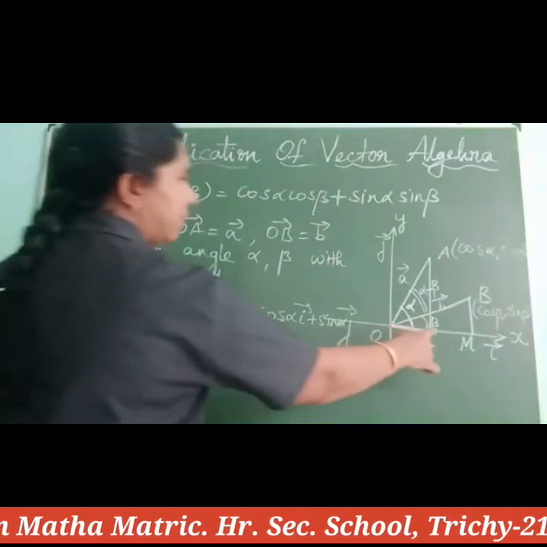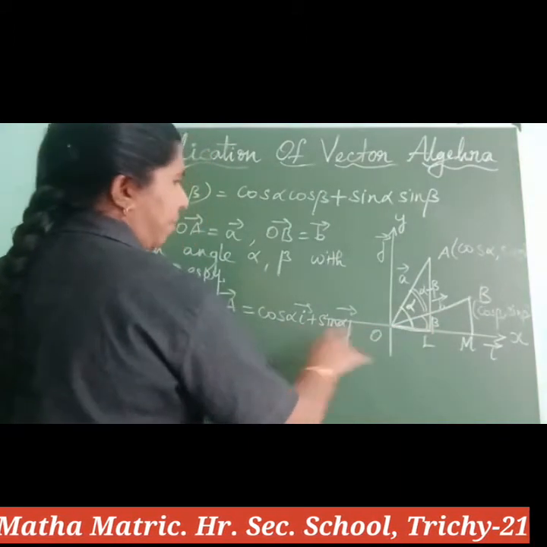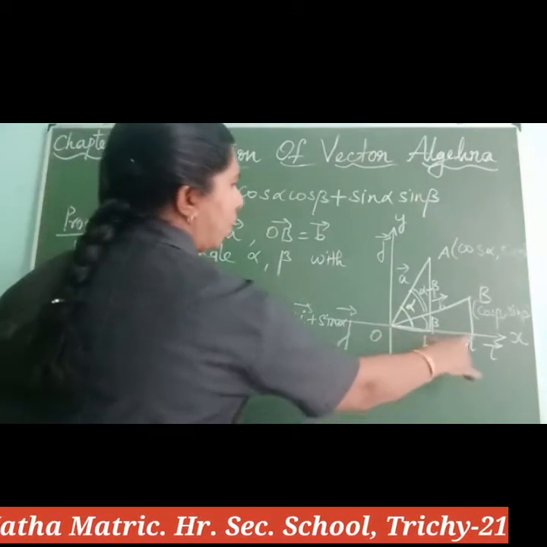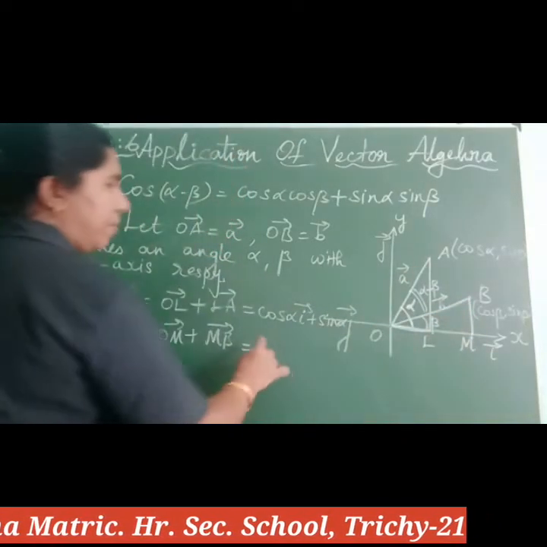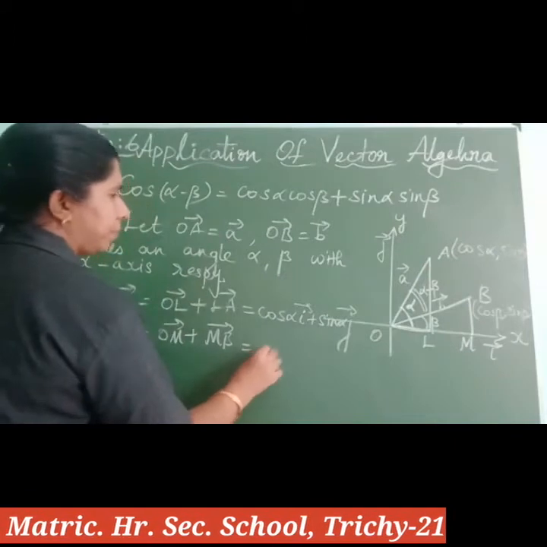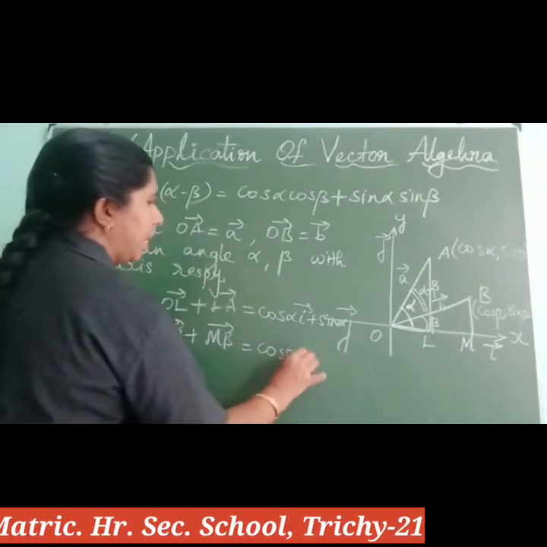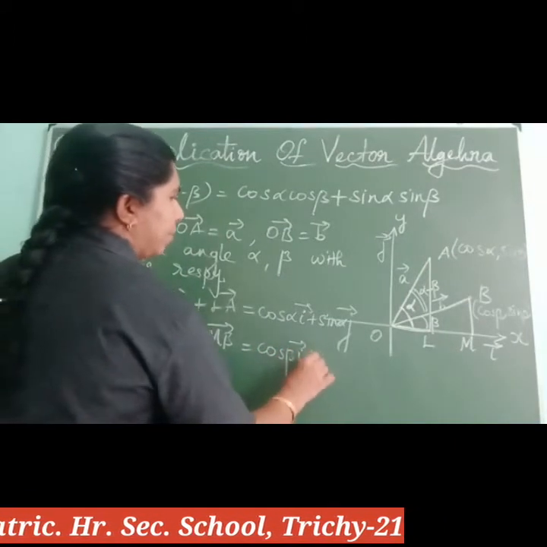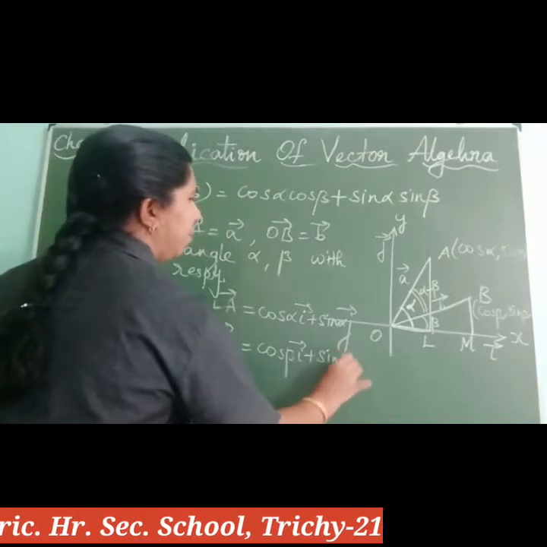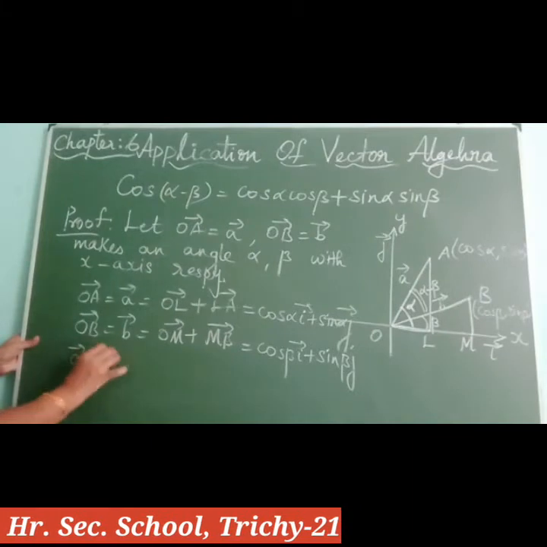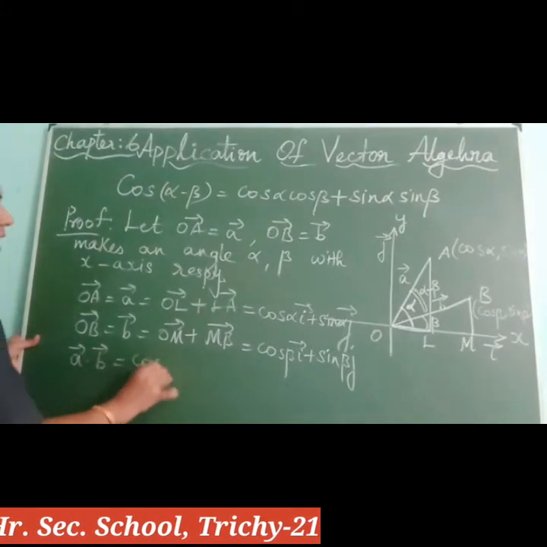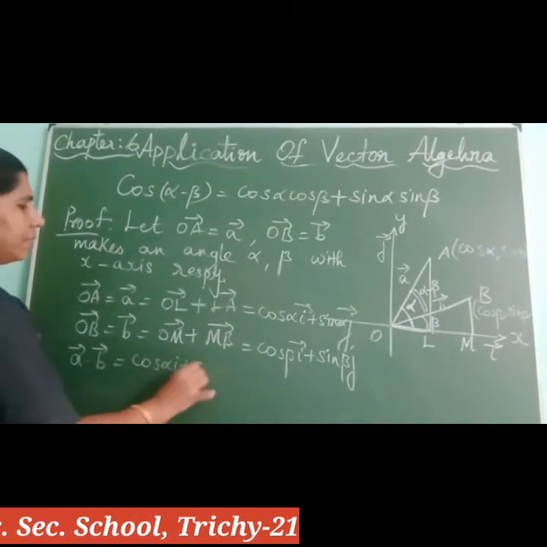Here the angle is beta. OM is the adjacent side and MB is the opposite side, so the value can be written as cos beta I plus sin beta j.